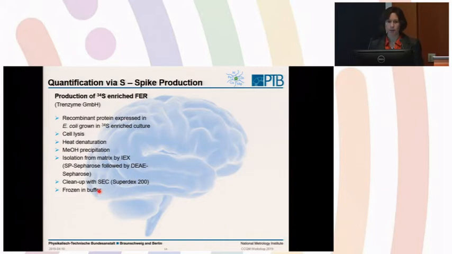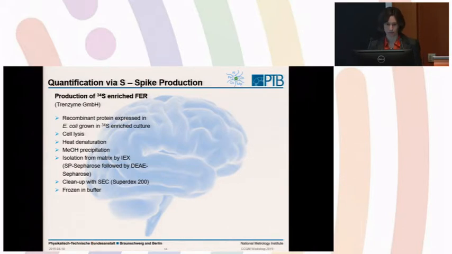Then they did cell lysis, heat denaturation and methanol precipitation, because thankfully ferritin is a very stable protein, so you can do a lot with it. Then it had to be isolated using ion exchange chromatography and cleaned up with size exclusion. And we got it in the end in buffer and in a frozen form.